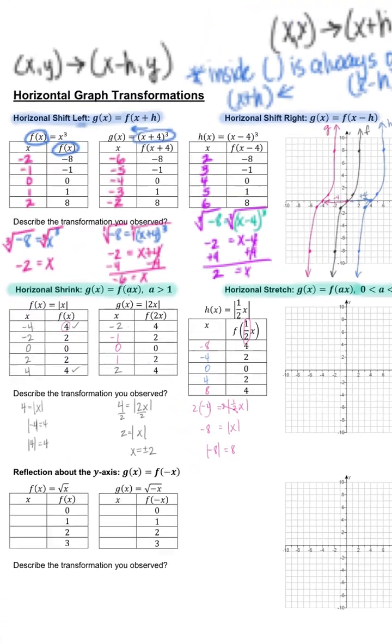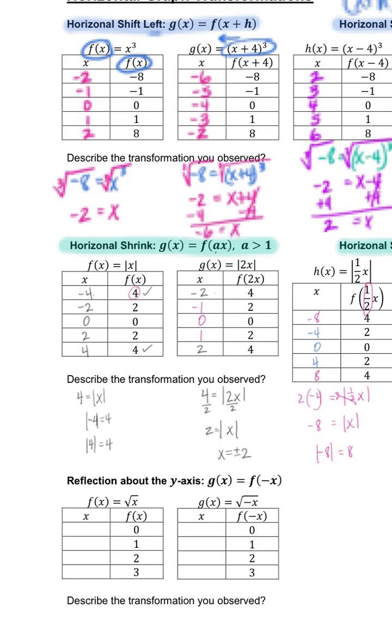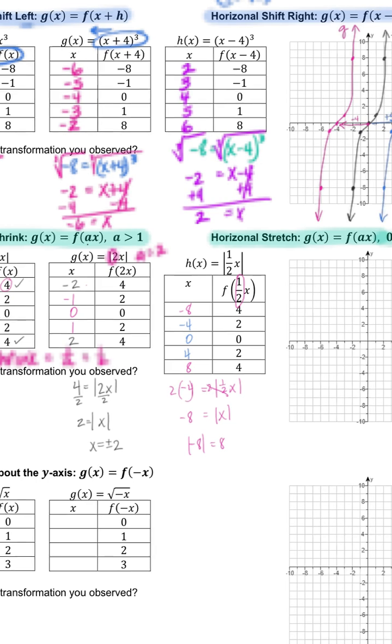So the rule, let me go over here to the side. When you are doing a horizontal shrink, you are taking 1 over a. In this case, it's 1 over 2 because our a in this problem was 2. So you're multiplying by the reciprocal.